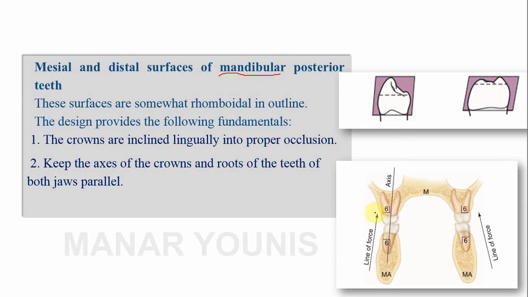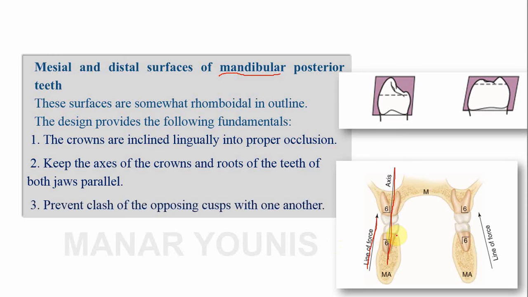This configuration, as depicted in this figure, will keep the axis of the crowns and roots of the teeth of both jaws parallel. As you can see here, the line that passes through the long axis of maxillary and mandibular posterior teeth is parallel with the line of the force of mastication.